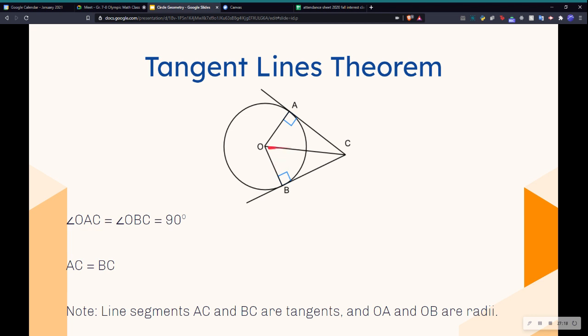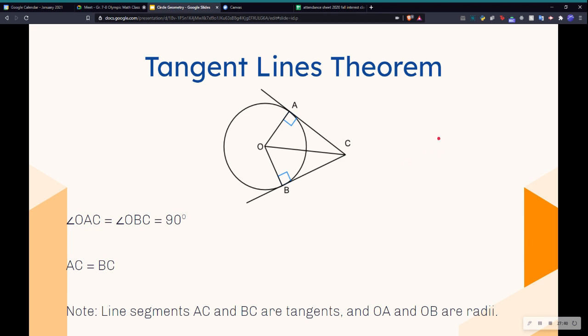So the hypotenuses of both right-angled triangles are equal, and one of the legs is also equal. That means if you use the Pythagorean theorem, a squared plus b squared equals c squared, you'll realize that AC would equal BC. So that's how you prove the tangent line theorem.